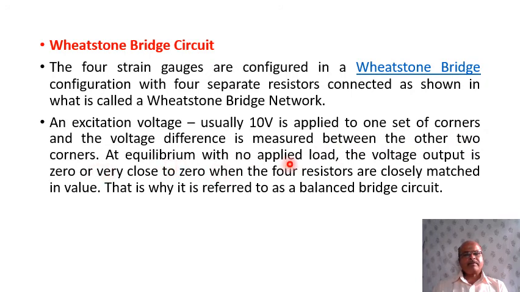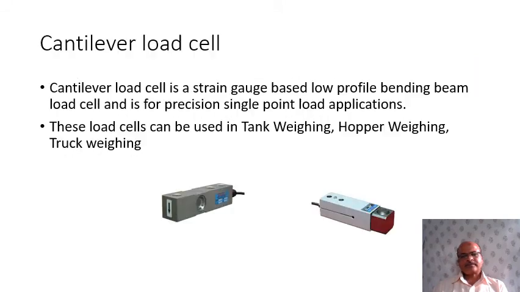At equilibrium with no applied load, the voltage output is 0 or very close to 0. So at equilibrium, output voltage is 0, or when the resistance values are equal, then there is 0 voltage, and when there is a change in resistance, we will get a variation in output voltage.